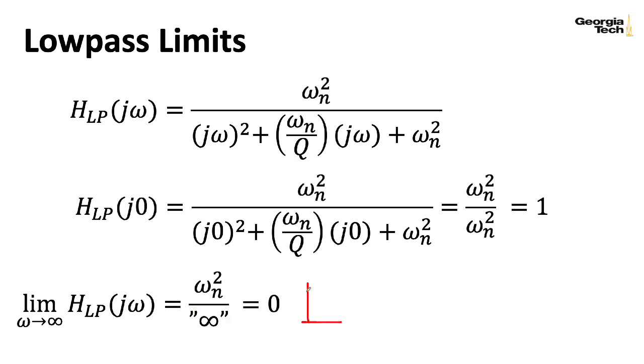So this is a beautiful thing. We have a magnitude of 1 at DC, and then it's going to slope off to 0. Now, what I've told you is only a partial truth. This only happens for certain values of Q. There are other values of Q that will give you a little bump in the frequency response where it will actually go up before the cutoff and it slopes off, and we'll look at that later.